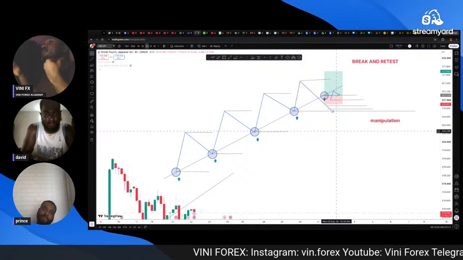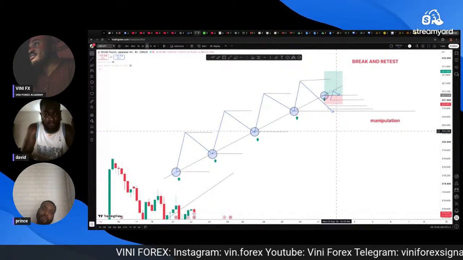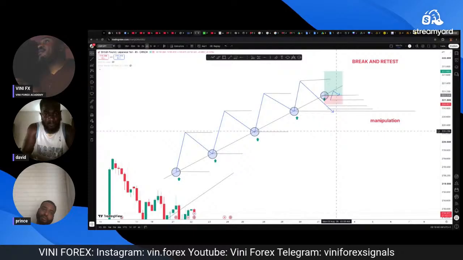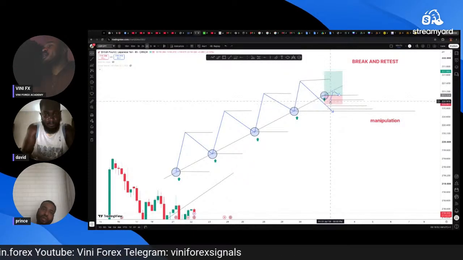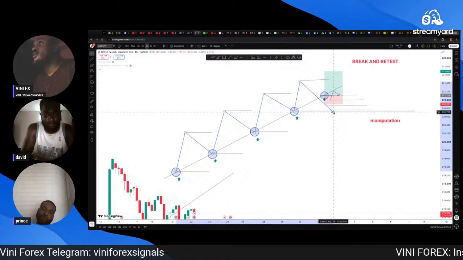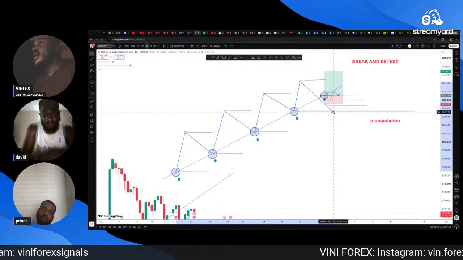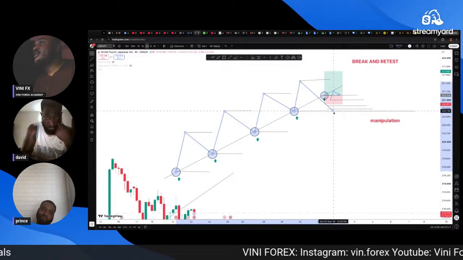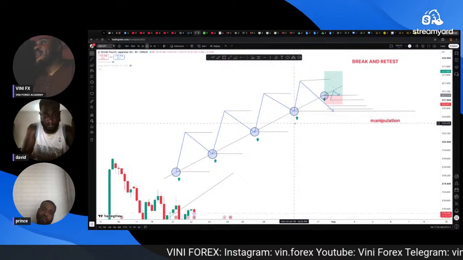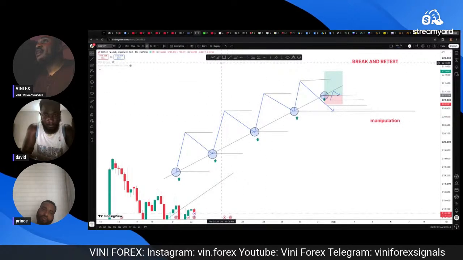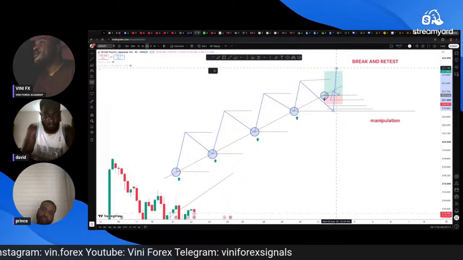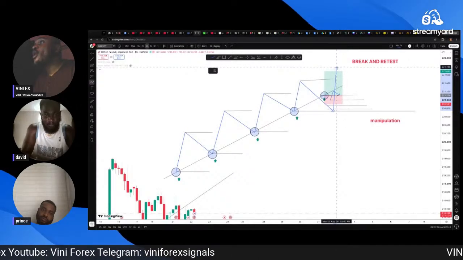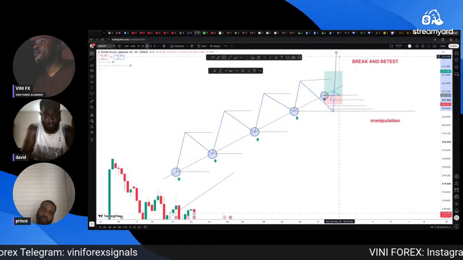Even if they are also seeing what you are seeing, because they want to make more money, they will push the market down to take all your stop loss. And after taking your stop loss, the market will still come up and go even above your take profit, more and more.